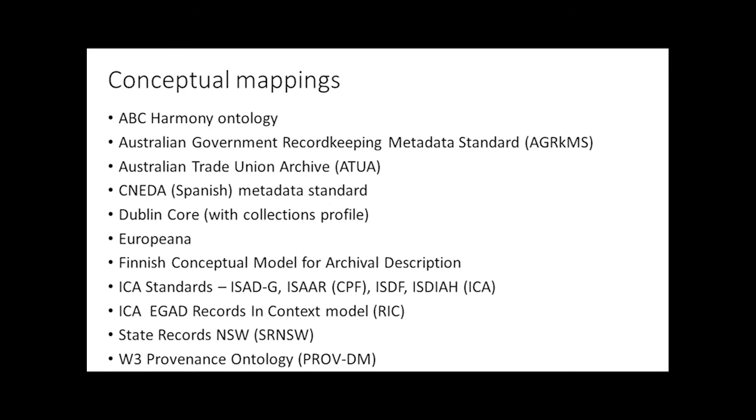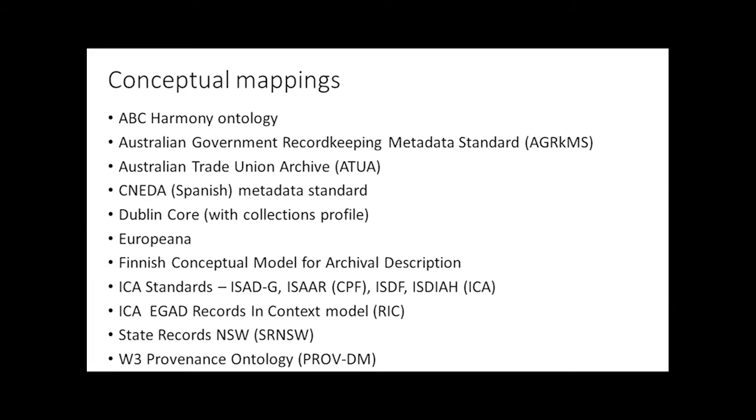The expert group of archival description took some notice of the Spanish metadata standard, so I mapped that in. I did Dublin Core, I did Europeana, the Finnish model as well, the existing ICA standards, the emergent EGAD records in context model, which again, I know no one in the world has seen, but I wanted to satisfy myself that I was in line with that.